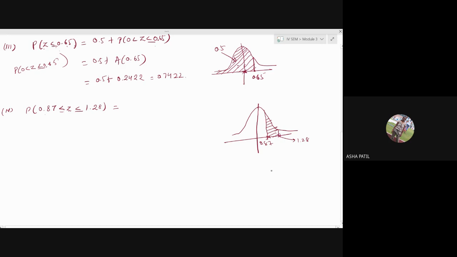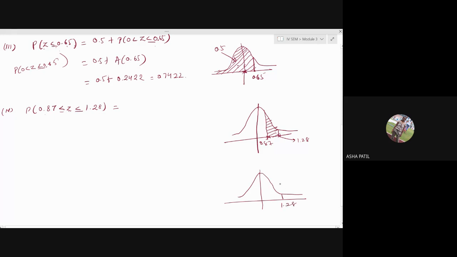Now how to go for this? What will you write? Area of 1.28 minus area of 0.87. So here we'll first see that this is our 1.28.